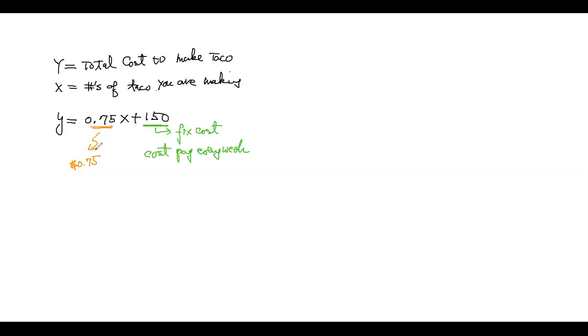So remember, the slope is the rate of change. Every unit X increases, Y will be increasing or decreasing, depending on whether the slope is positive or negative. So when you read the word problem, you need to be very careful.